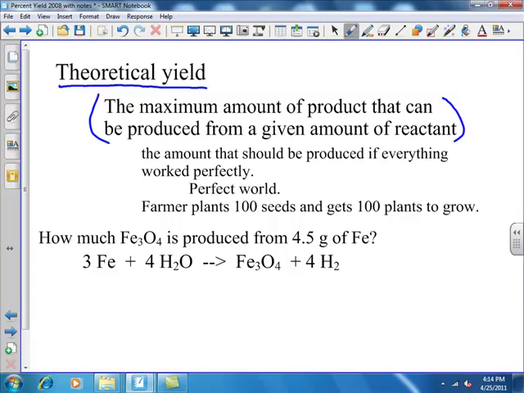In the lab that we just completed, the bicarbonate dilemma lab, you calculated theoretically what we should get. So in a perfect world, if a farmer plants 100 seeds, then their theoretical yield would be 100 plants to grow. So that's kind of the perfect theoretical yield.